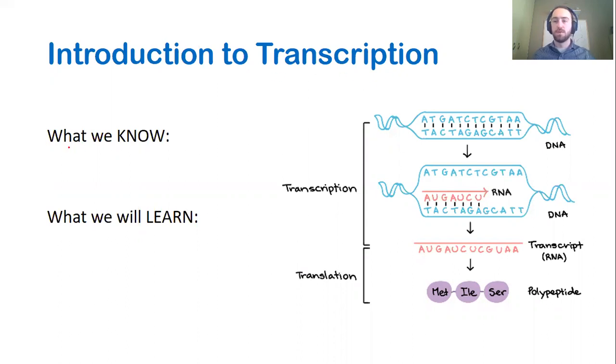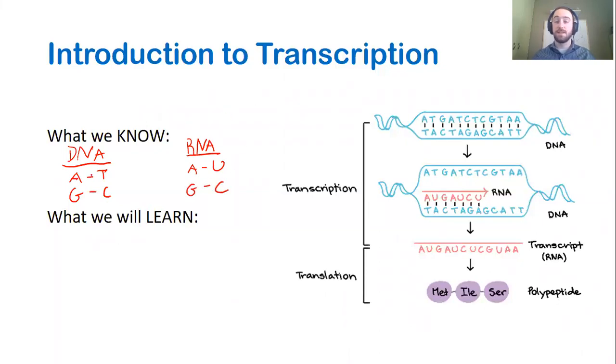So what we know so far is we know the structure of DNA. The structure of DNA consists of base pairs, A binding to T and G binding to C. We also know the structure of RNA, similar to DNA; however, A binds to uracil, while G still binds to C, right?